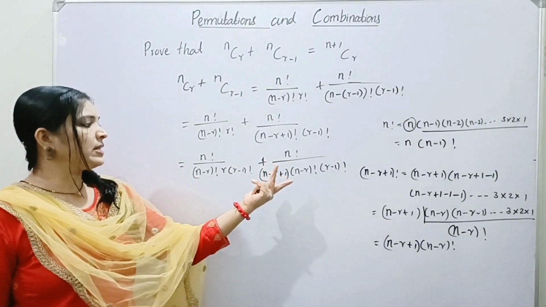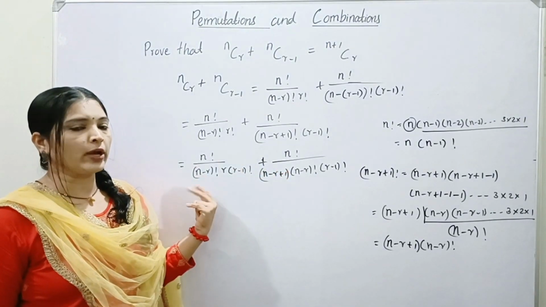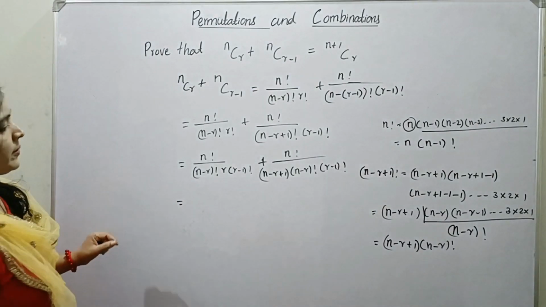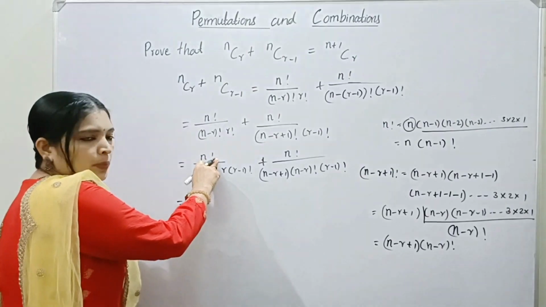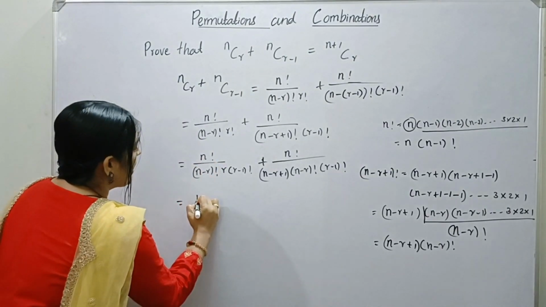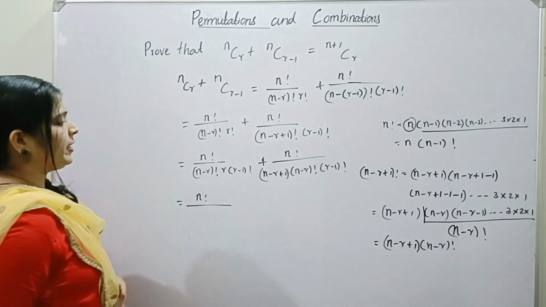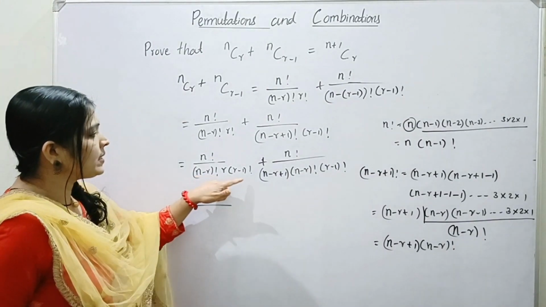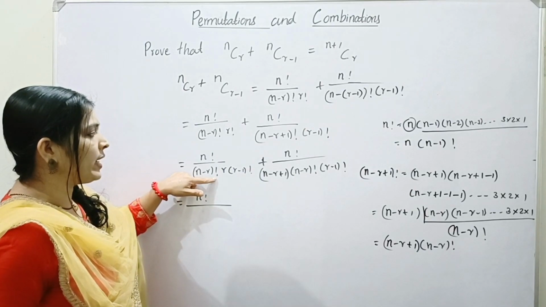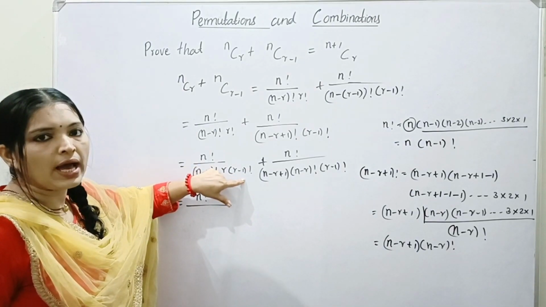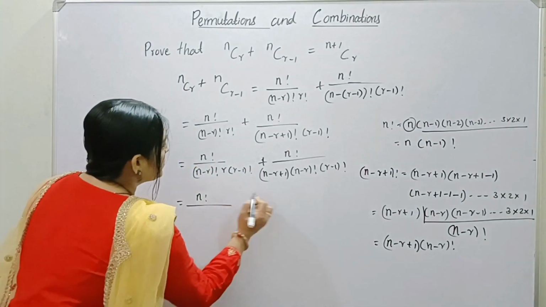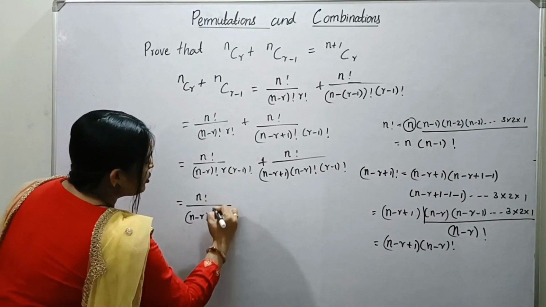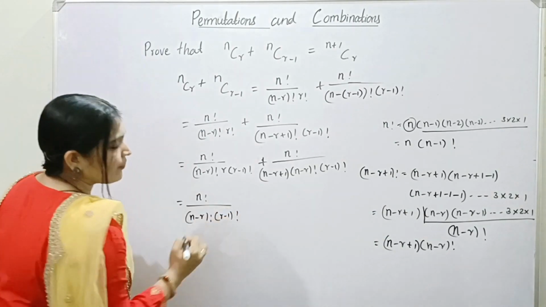So that we can take common terms outside. Here n factorial in the numerator is common, so we can take it out. In the denominator, n minus r factorial and r minus 1 factorial are common, so take them out: n minus r factorial into r minus 1 factorial.